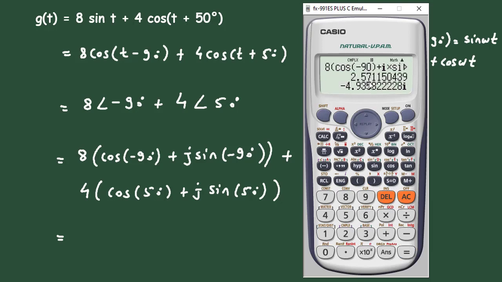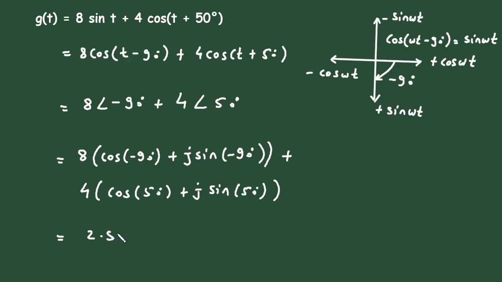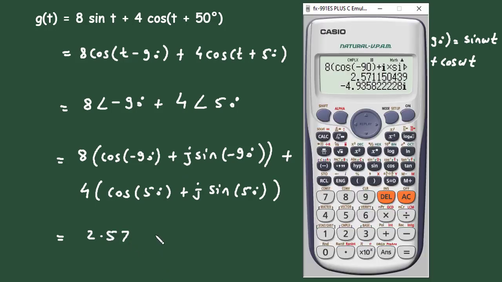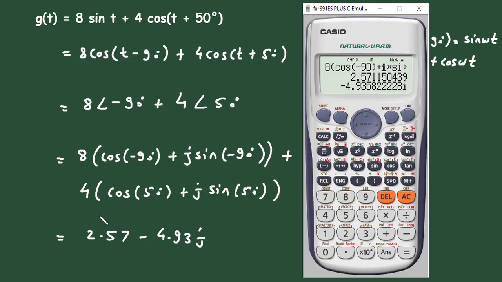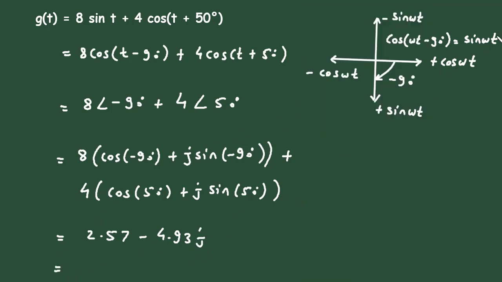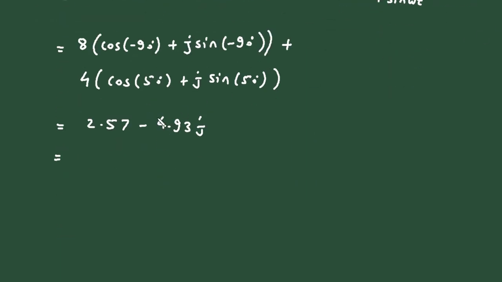So it is equal to 2.57 minus 4.93 j. So now this is in rectangular form. Again we can convert this into its equivalent polar form.